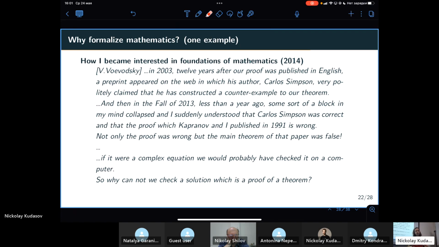had some proof, and then 12 years later, someone claimed that the theorem was actually not valid, and then 10 more years passed after that counterexample before the authors of the paper actually agreed that yes, indeed, there was a mistake, and not just the proof was wrong, but the theorem was false.